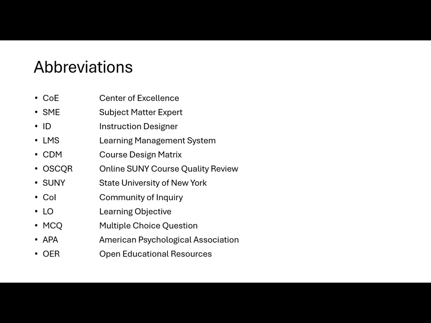It's standards for e-learning courses. CoI is Community of Inquiry, LO is Learning Objectives, MCQ is multiple choice question, APA is American Psychological Association, and OER is Open Educational Resources.